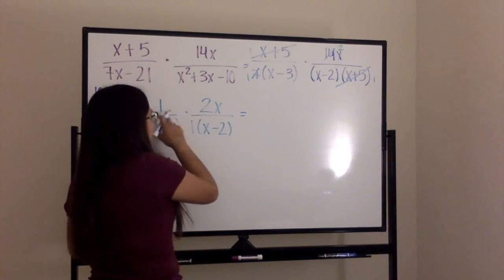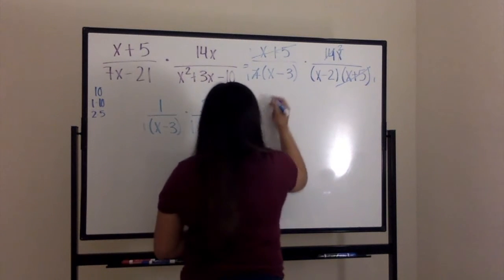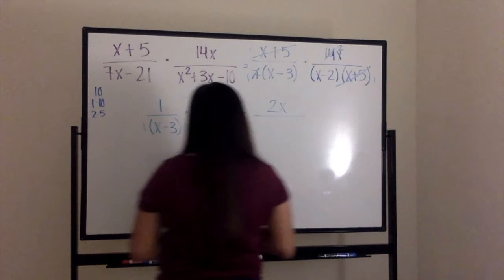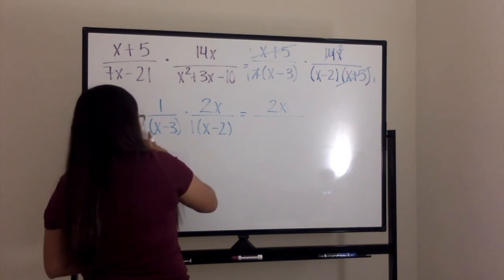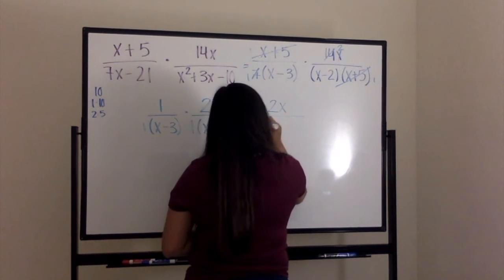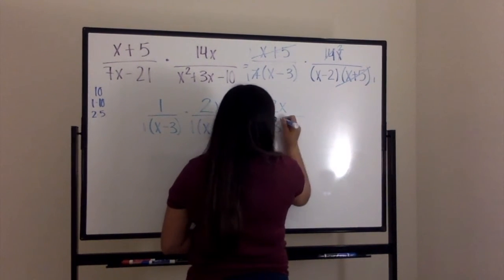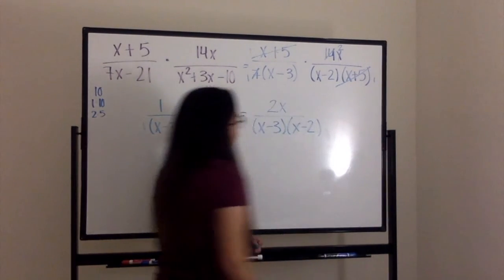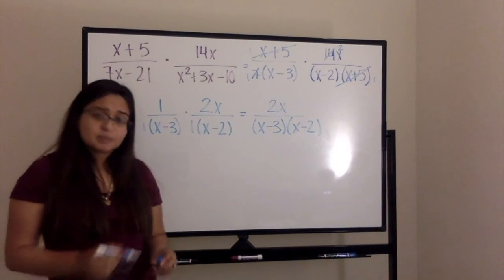Straight across, my numerators, 1 times 2x is 2x. My denominators leave me with (x − 3) and (x − 2). Just write these down here. Leave them in factored form. And that is my final answer.